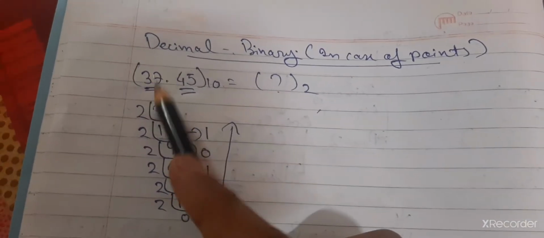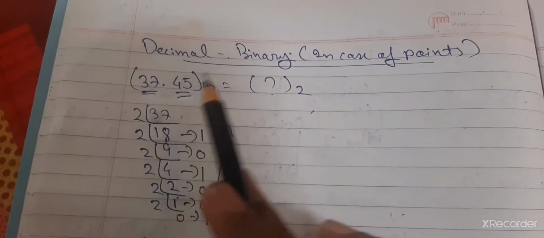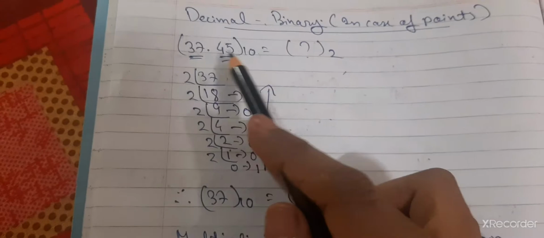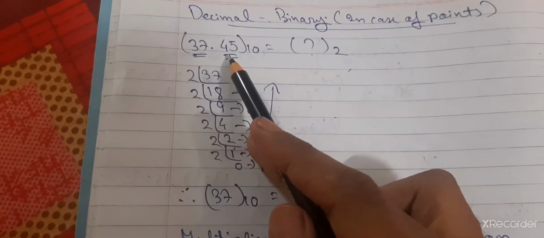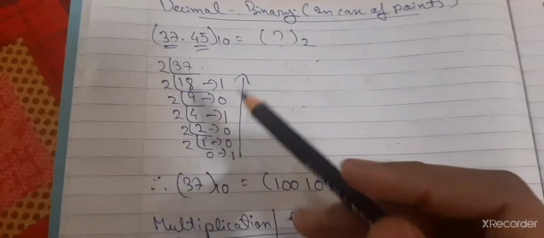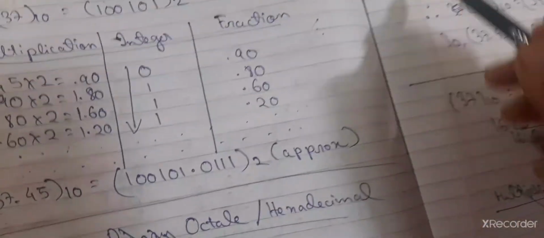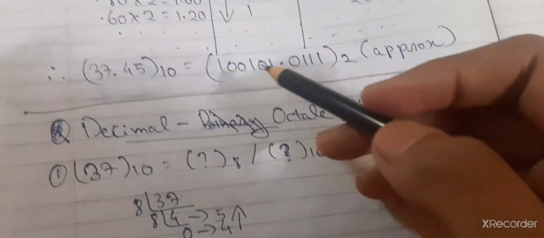So we'll solve 37 and 45 individually. Once 37 and then we'll do 45.